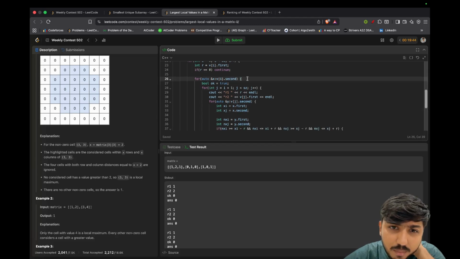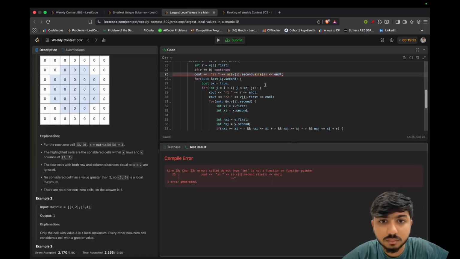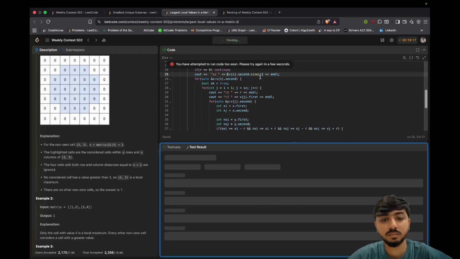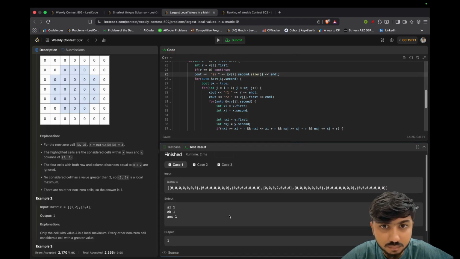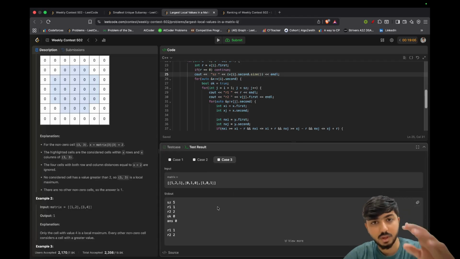This is a loop. What's the size? Okay, size is 5.